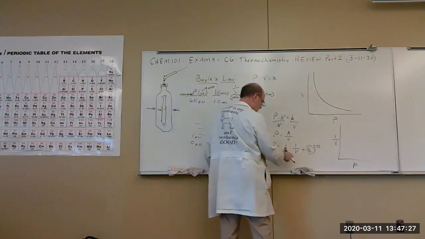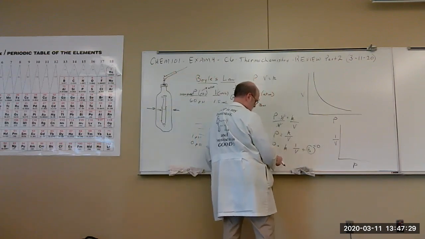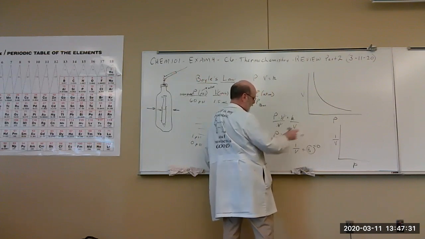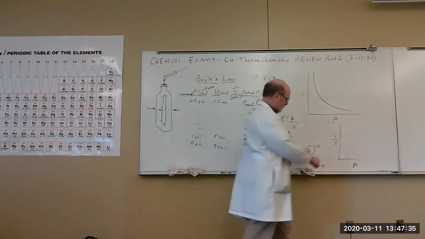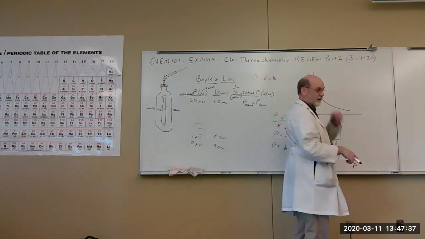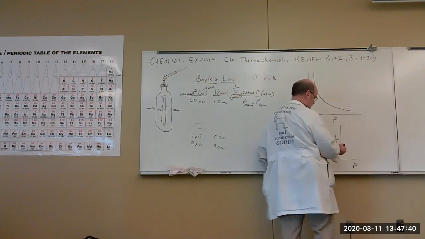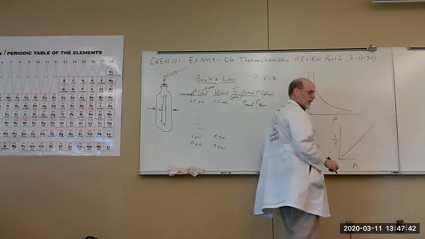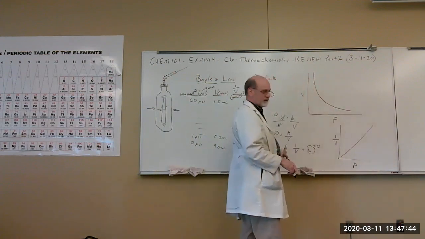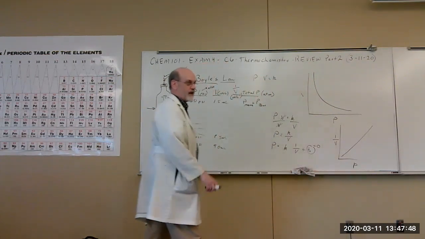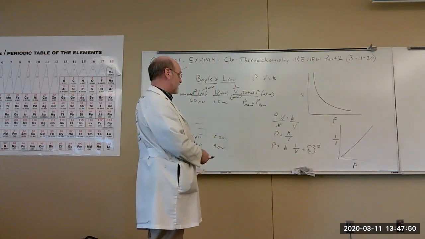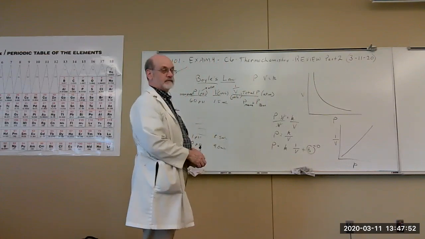So if you plot this as your x, well, actually, kind of backwards, isn't it? That's y and that's x. So we should have p up here and 1 over v down there. Either way, you get a straight line. And the slope is your k. Okay? That's basically the whole lab right there.